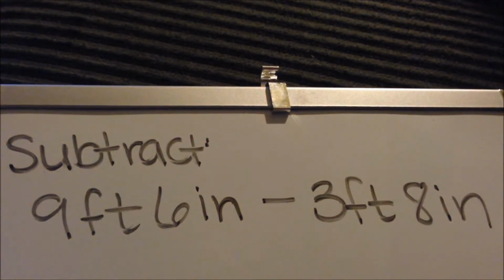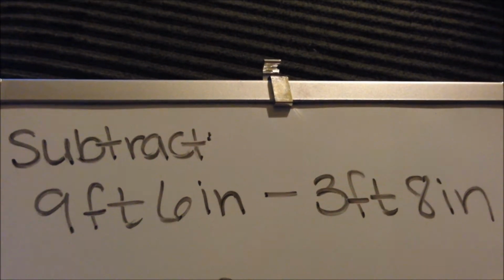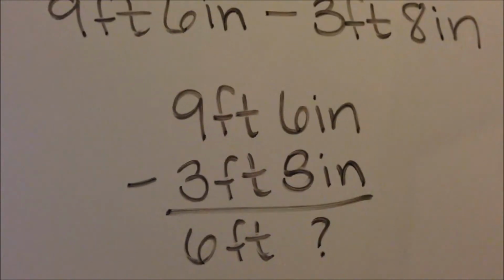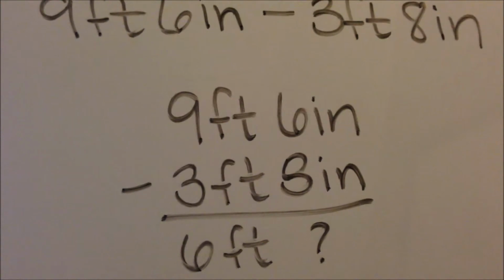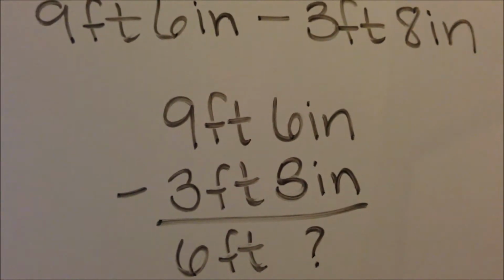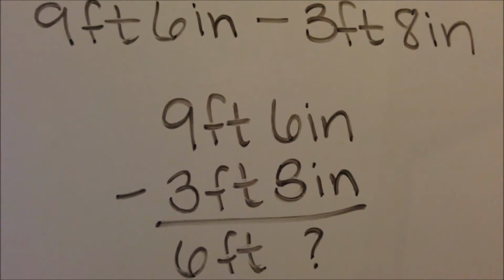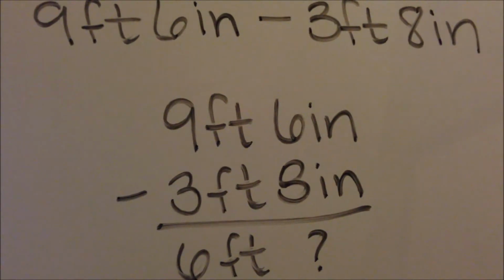Subtract 9 feet 6 inches minus 3 feet 8 inches. Line up the feet and inches, so we have 9 minus 3, which gives us 6 feet, and we have 6 inches minus 8 inches, which does not work. So what we need to do is borrow 12 inches or 1 foot from 9 feet and move it into the 6 inches.